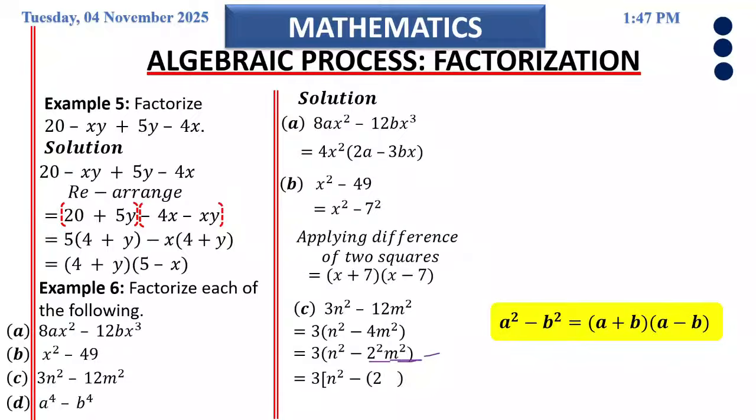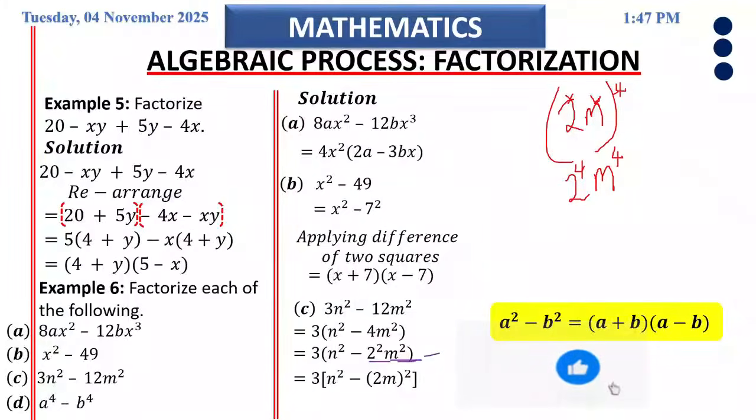Yes, very correct. Of course, if you remember your law of indices, let's say we have (2m)^4. It says that the 4 is for 2 and the 4 is for m as well. So you can say 2^4 and m^4.